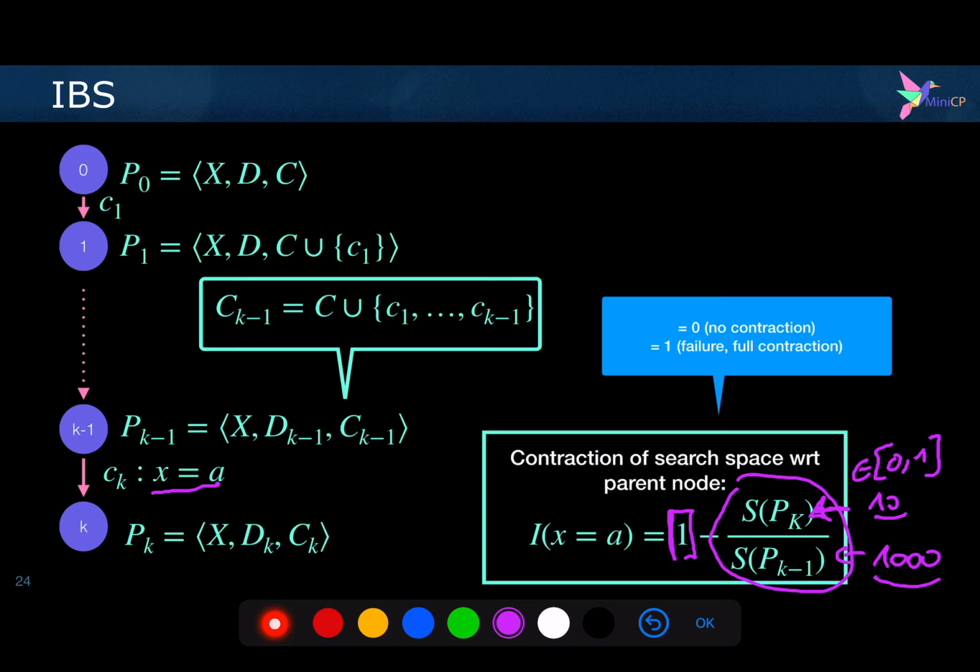So you have contracted a lot the size of the search tree, and so this value should be large. So the closer you are to 1, the more contraction you will get if you take the decision x equal to a. The problem is that we don't know this contraction ratio, the impact of x equal to a. We need to estimate it.